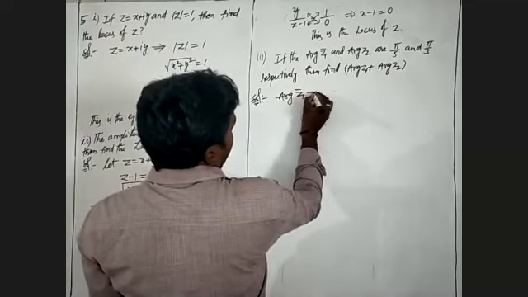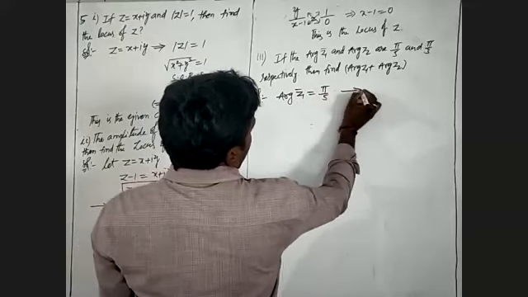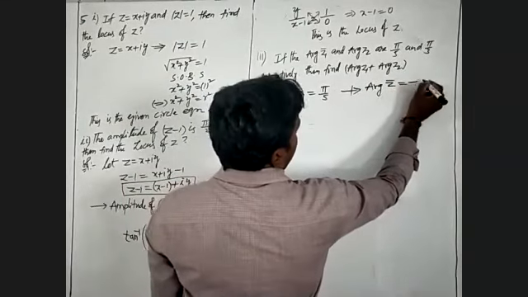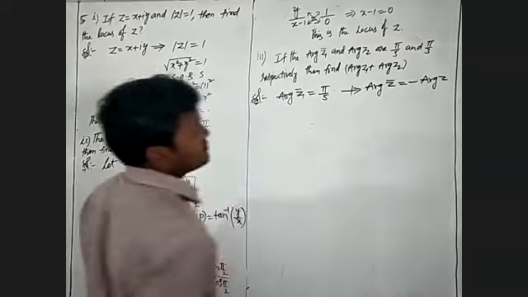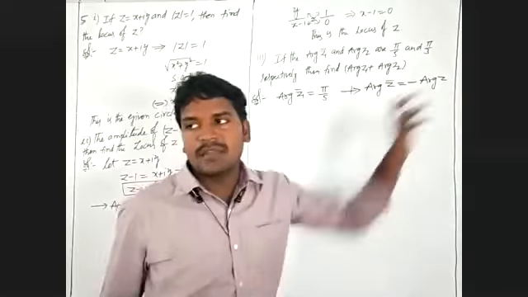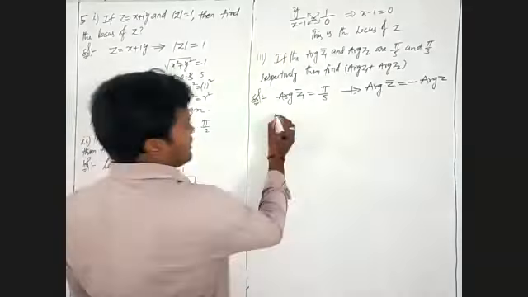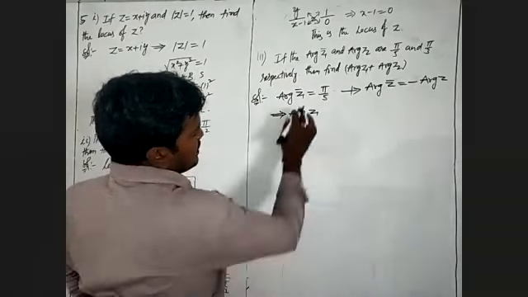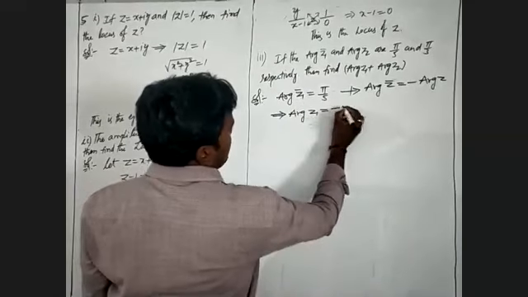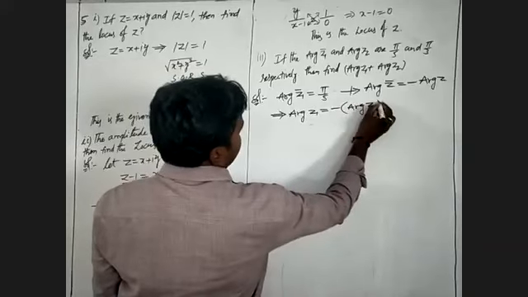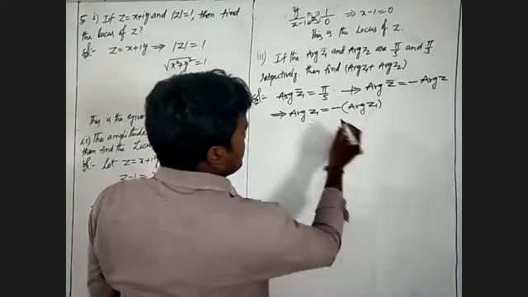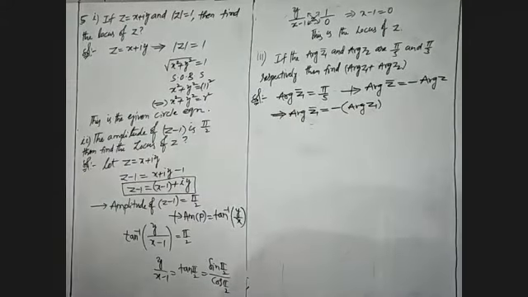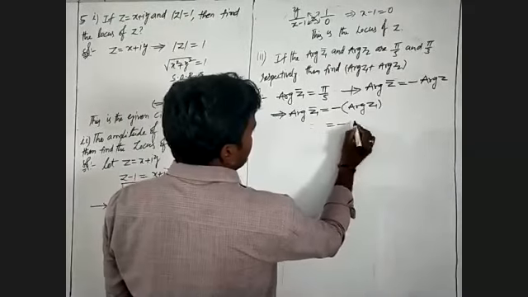Argument of z1 bar is nothing but pi by 5. We know one formula: argument of z bar is nothing but minus argument z. That means argument of z1 bar is minus argument z1. Minus argument z1 is minus pi by 5.